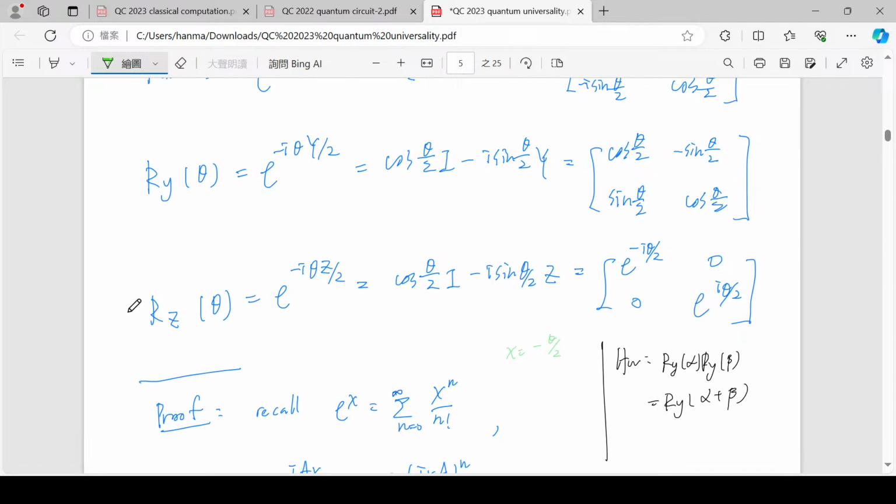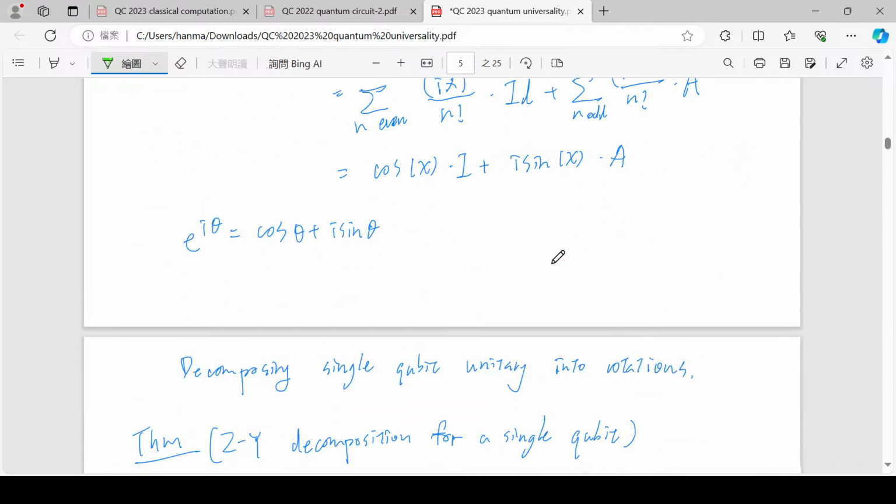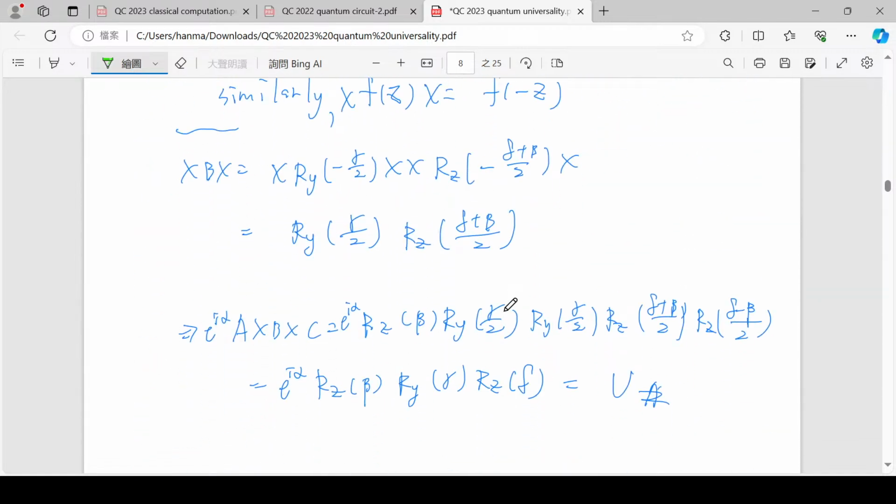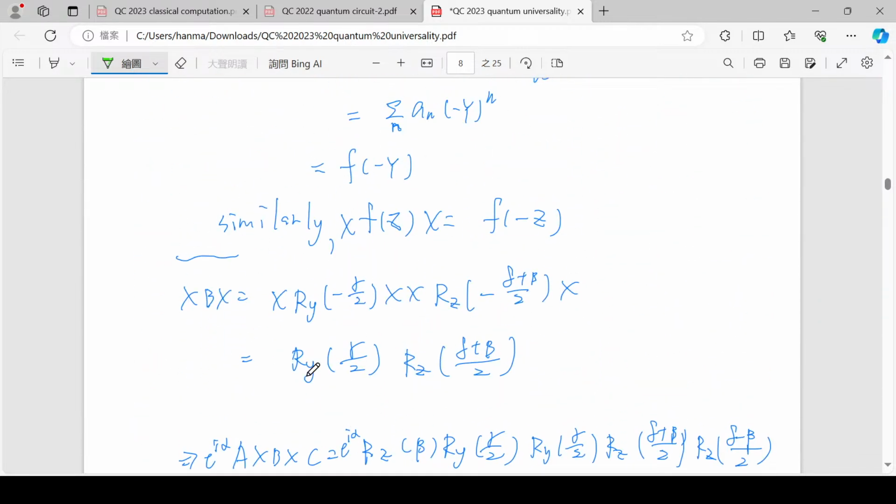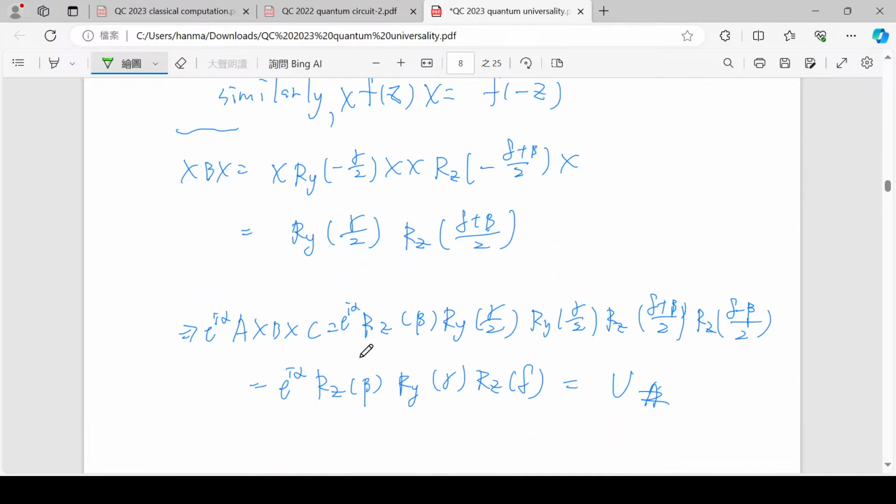And Z is this thing, so if you get a negative sign on Z, you are also getting a negative sign on theta. So f of minus Y becomes RY of negative angle, so you get negative angles. So this is gamma over 2 and delta plus beta over 2.